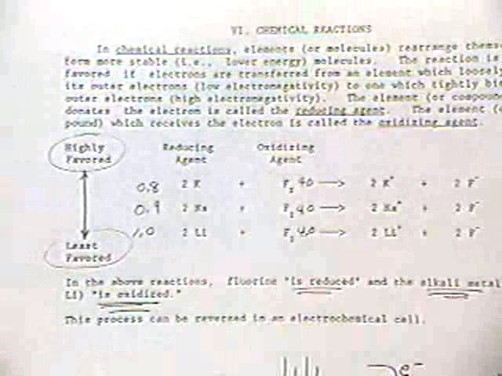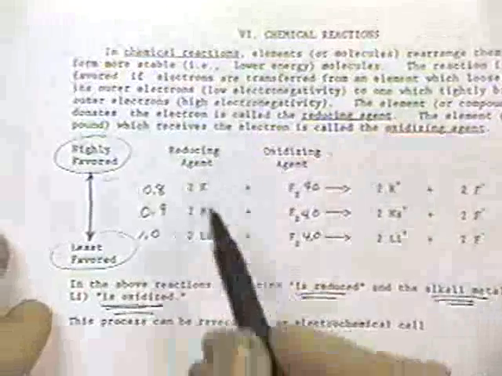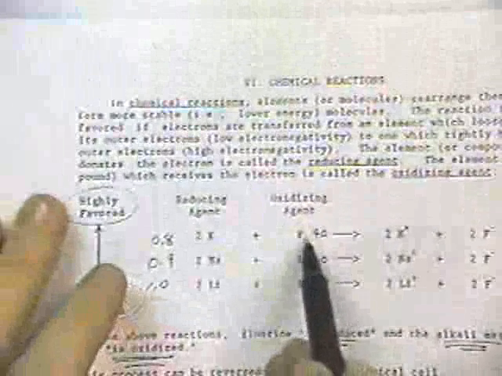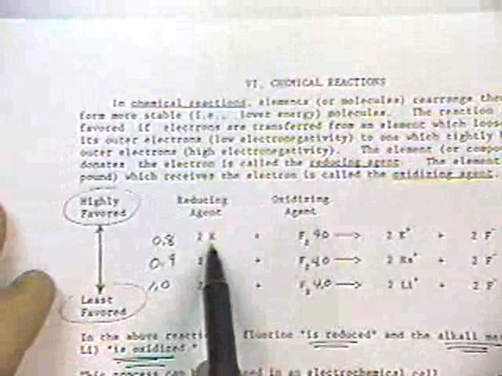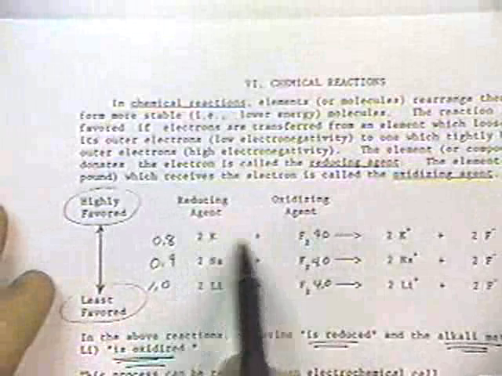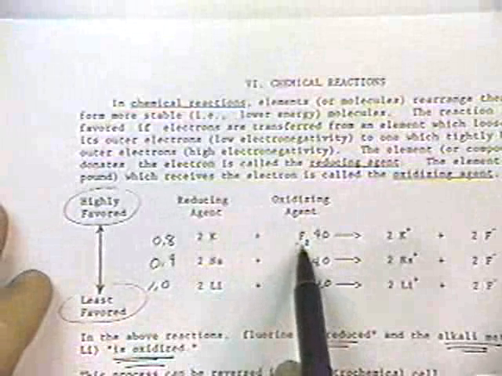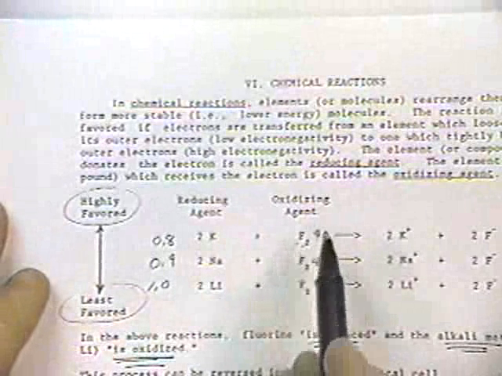So it sort of swirls around your head, and what are you talking about? Well, think of it this way. Fluorine causes the potassium to be oxidized, and potassium causes fluorine to become reduced.